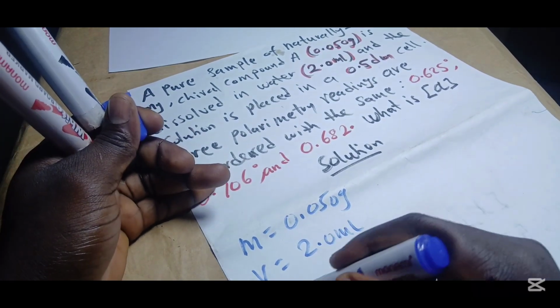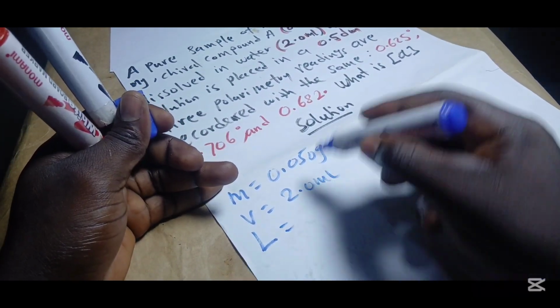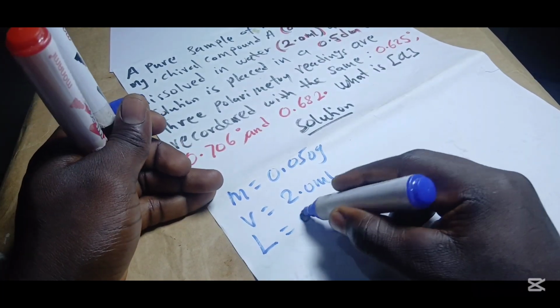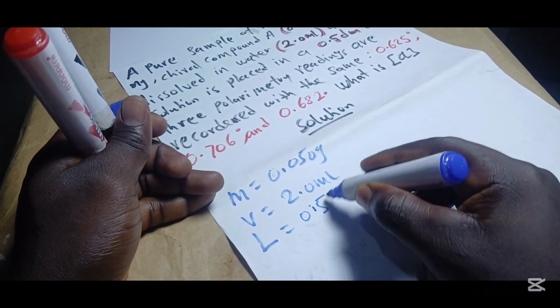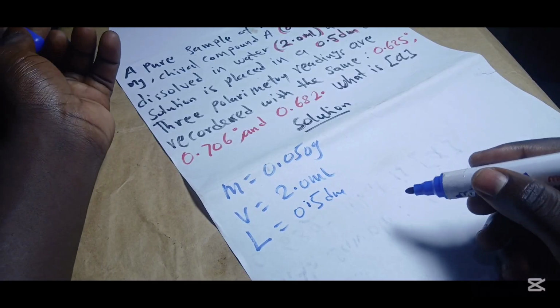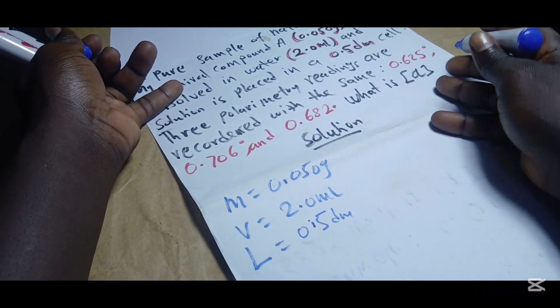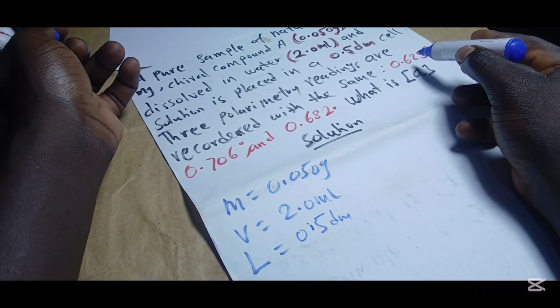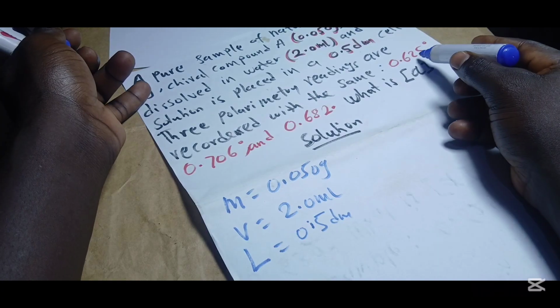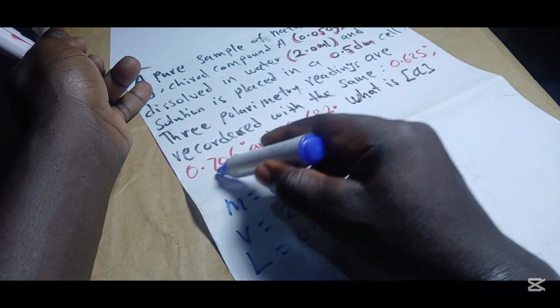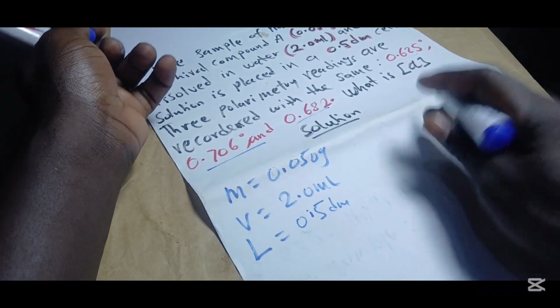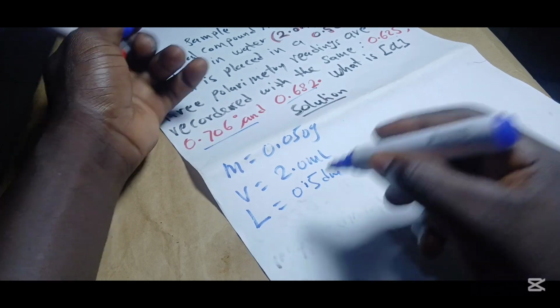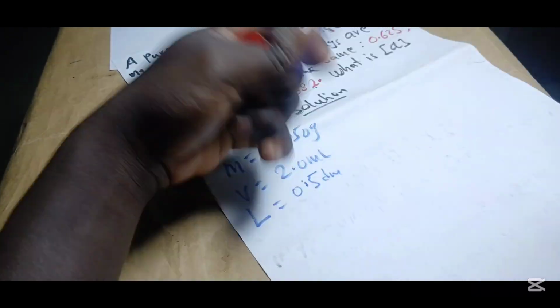And we have the path length to be 0.5 decimeters. So the given polarimetry readings, the observed rotations that were recorded in the experiment, are these. So we want to calculate the specific rotation of this solution.